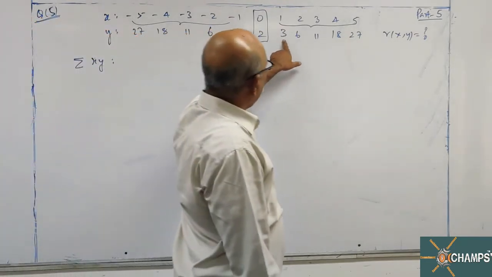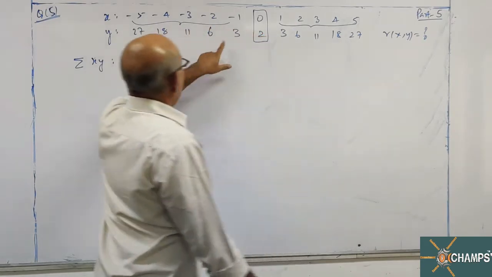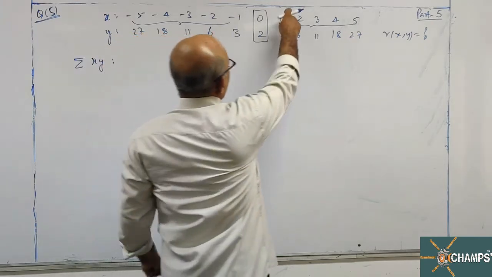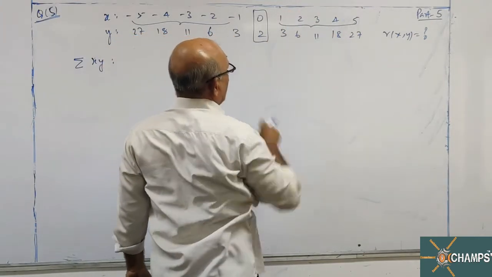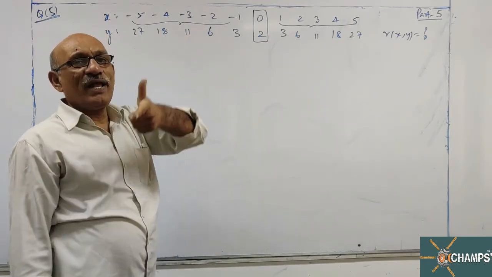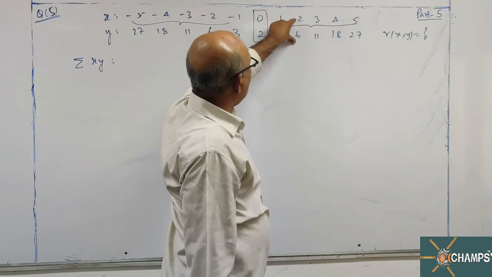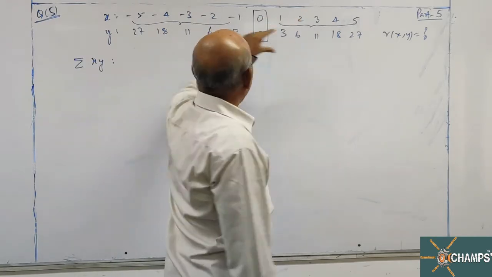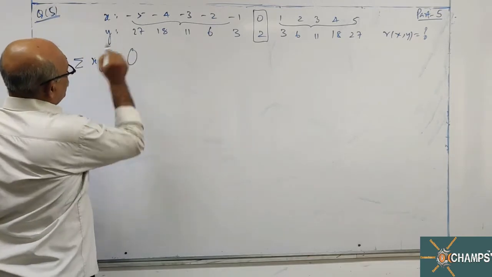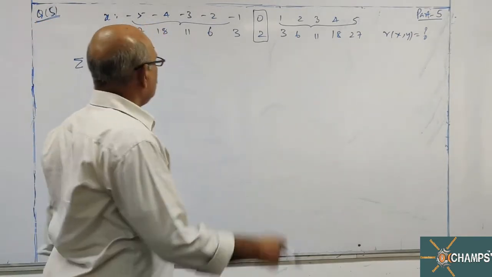And the y values are also same: 3, 6, 11, 18, 27. So, product of these two. If I add the right hand side values, product xy, and the left hand side, these values get cancelled with each other: +3 -3, +12 -12, +33 -33, this way. So summation of xy is 0 here.